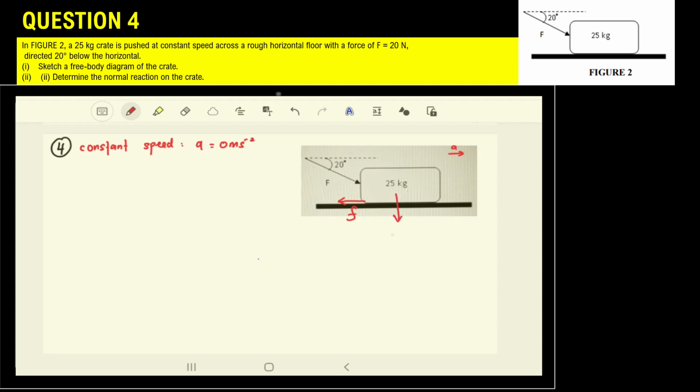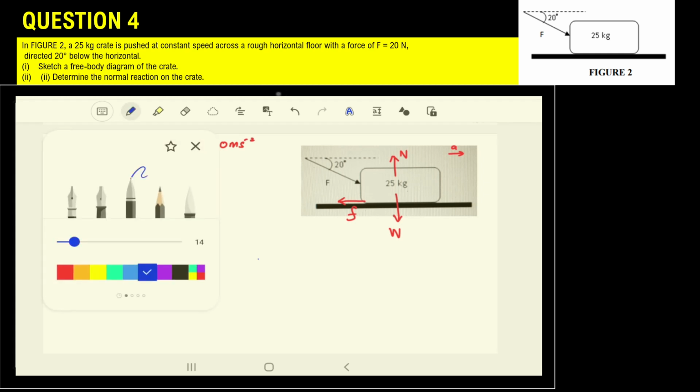As usual, we have the weight of the object, and since the object is in contact with the surface, there is a normal force. The direction of the normal force should be upward.